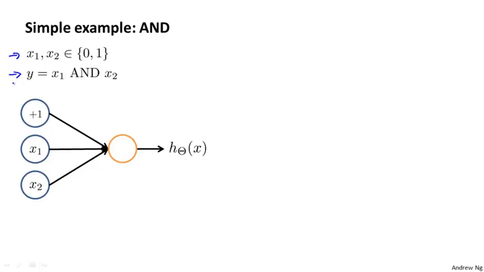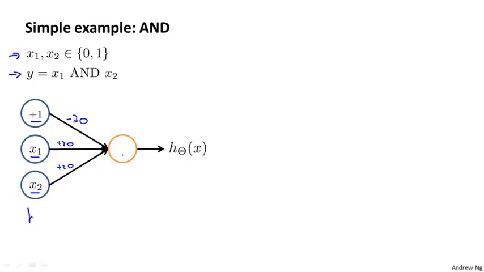Now, let me assign some values to the weights or the parameters of this network. I'm going to write down the parameters on this diagram: -30 here, +20, and +20. What this means is that I'm assigning a value of -30 to the parameter associated with x0, that is this +1 going into this unit, a parameter value of +20 that multiplies x1, and a value of +20 for the parameter that multiplies x2.